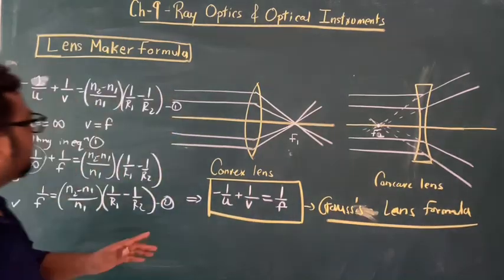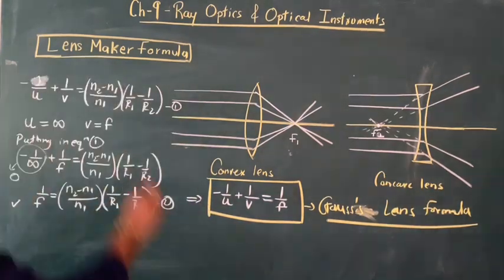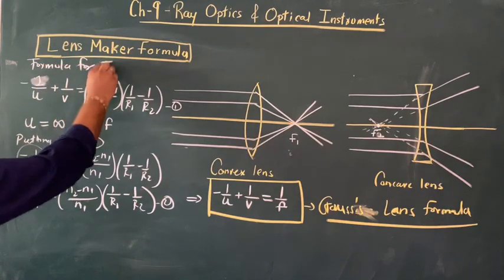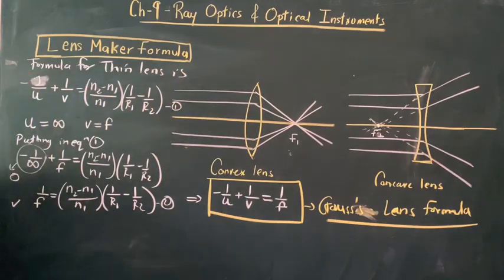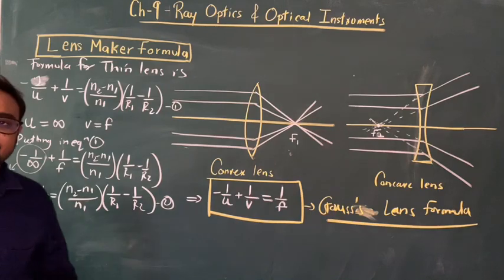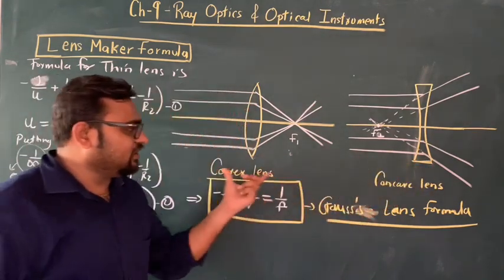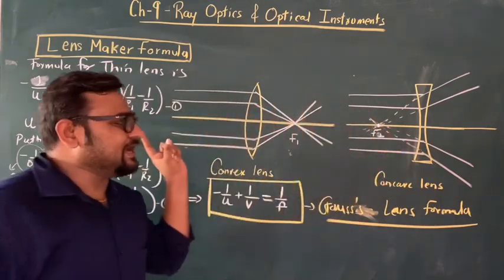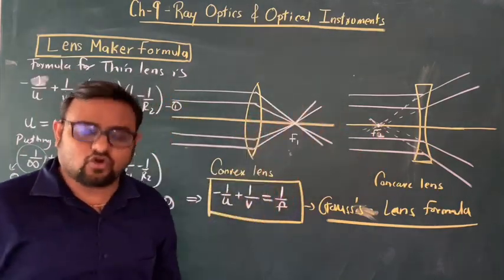See, here I am repeating. First we have taken the formula for a thin lens, which is minus 1 by u plus 1 by v equal to n2 minus n1 upon n1 into 1 by r1 minus 1 by r2. Now I have taken an example of both lenses, concave lens and convex lens. In both cases, when the object is kept at infinity, the image is obtained at the focus.